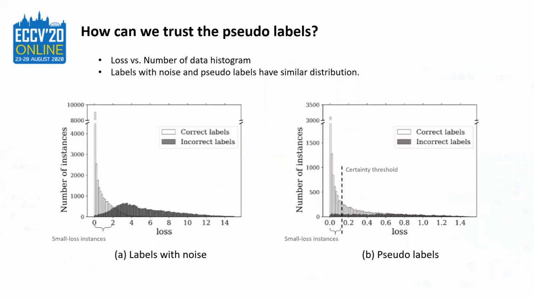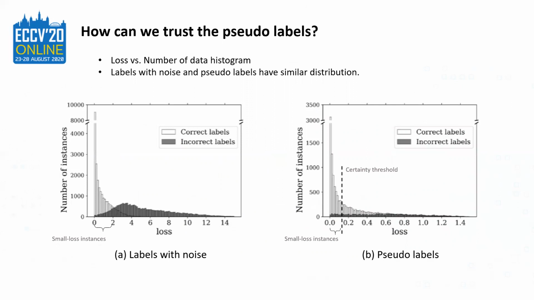And the next page is: how can we trust the pseudo labels? We present how we get reliable pseudo labels on this page. These two graphs are histograms of two types of labels. They show that the noisy labels and pseudo labels have similar distributions based on their losses.